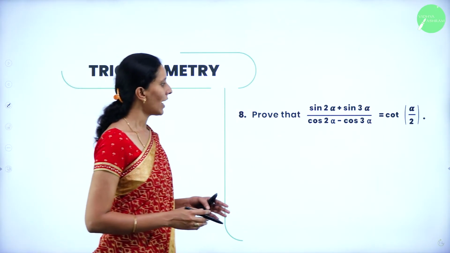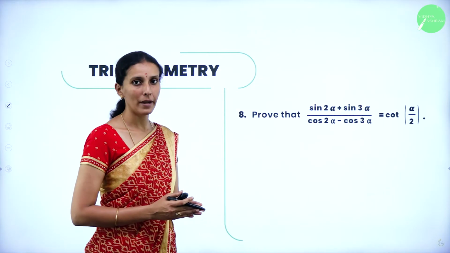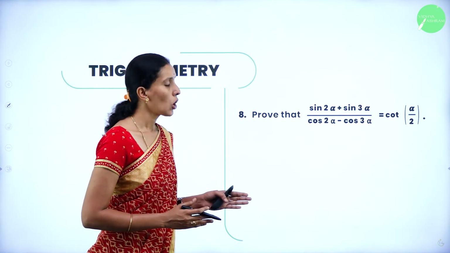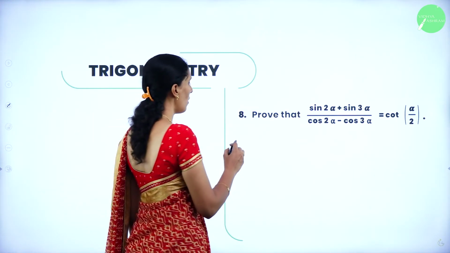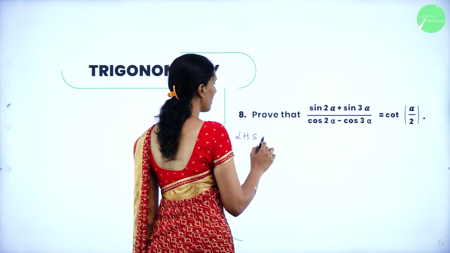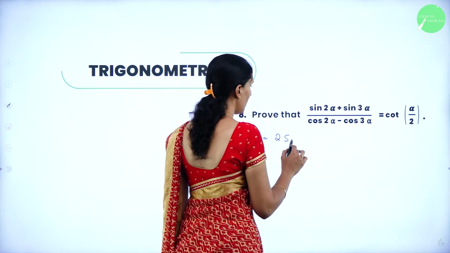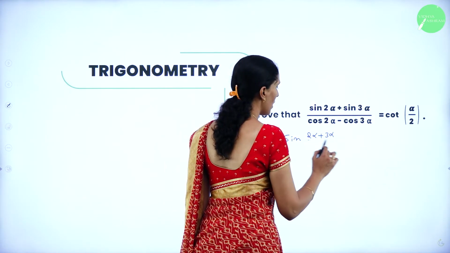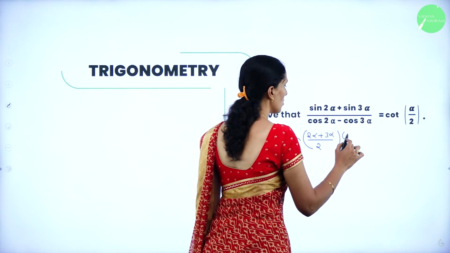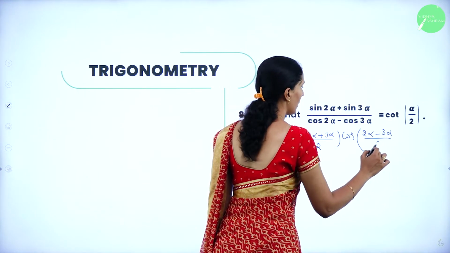Next we have to prove that sin 2 alpha plus sin 3 alpha divided by cos 2 alpha minus cos 3 alpha is equal to cot alpha by 2. So again using the transformation formula, LHS can be written as sin C plus sin D means 2 sin of 2 alpha plus 3 alpha by 2 cos of 2 alpha minus 3 alpha divided by 2.